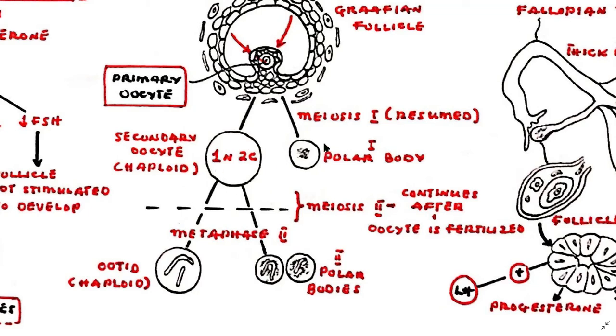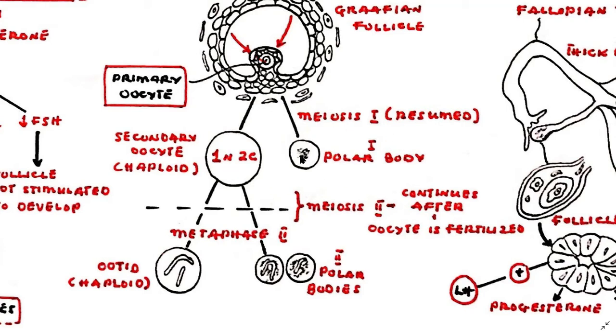Polar bodies are small, non-functional cells. They receive very little of the available cytoplasm and they degenerate soon after division. So the oocyte is able to retain its size but discard chromosomal material to become a haploid cell ready for fertilization.